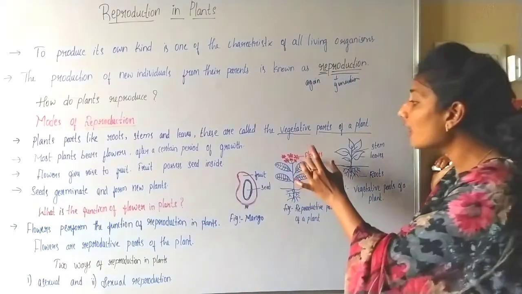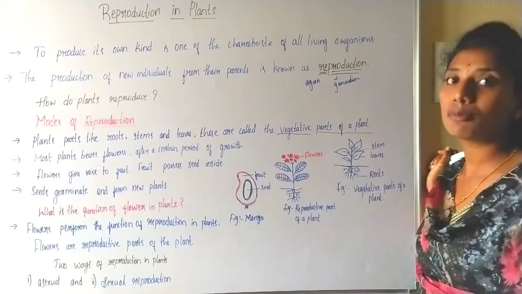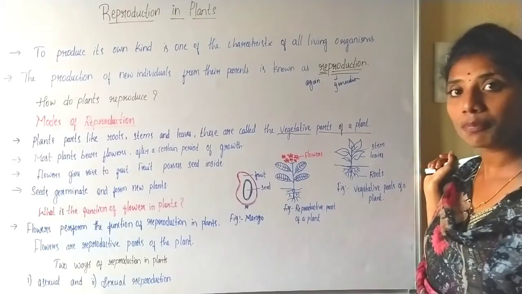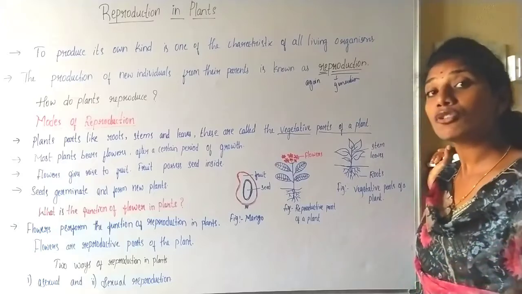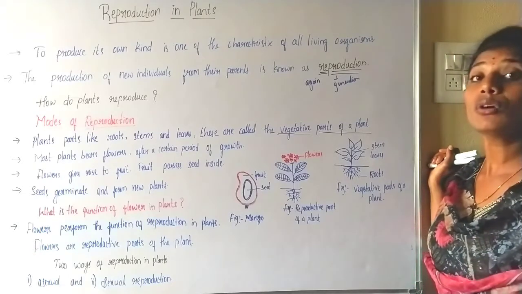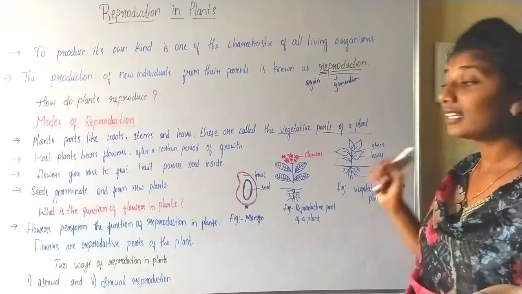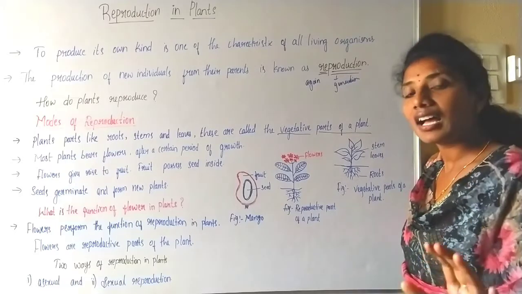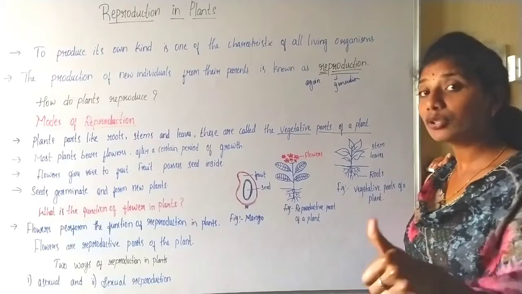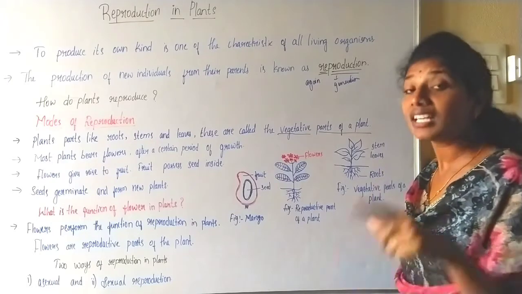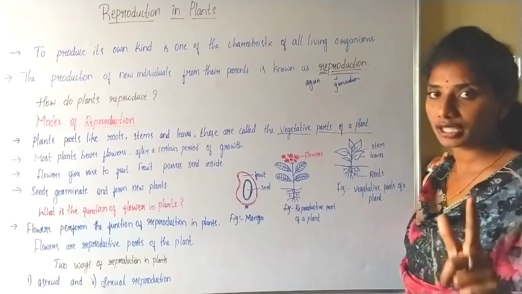That means a flower is a reproductive part of a plant. Why do we call it a reproductive part? Because due to the presence of the flower itself, a new plant is generated. In plants, we have two types of parts. One group is called the vegetative part and the other group is called the reproductive part.